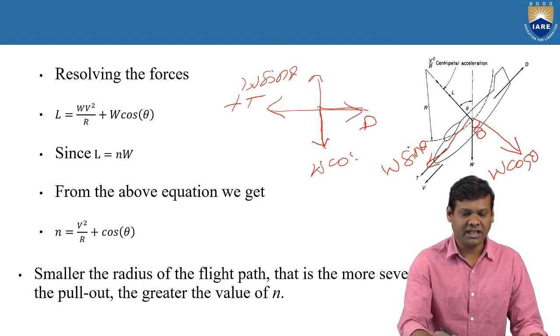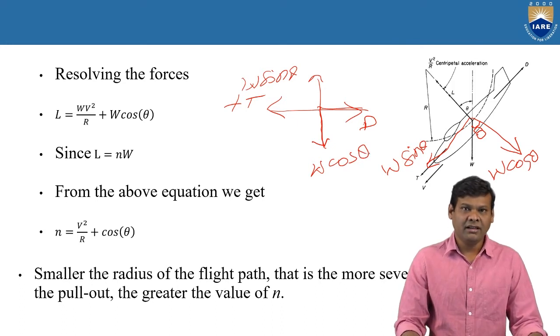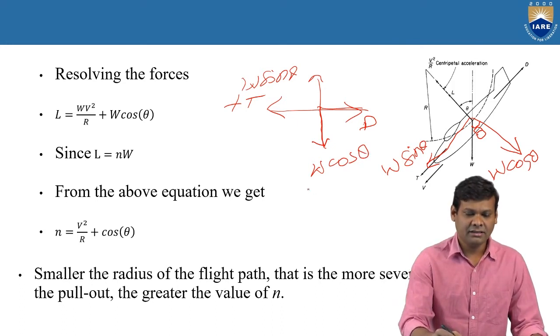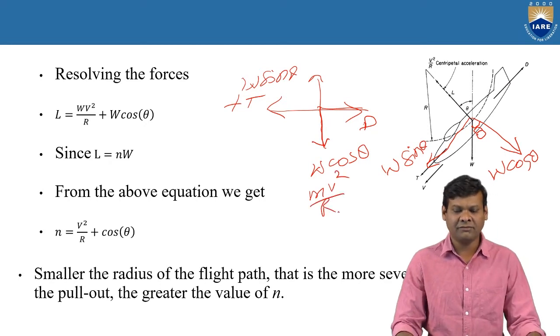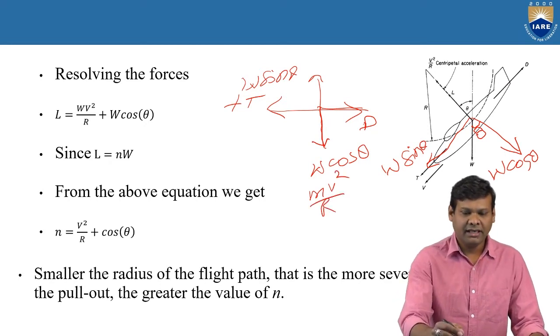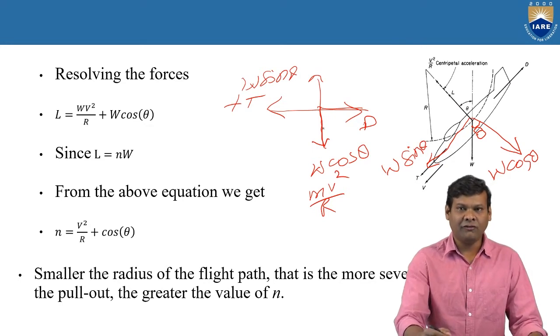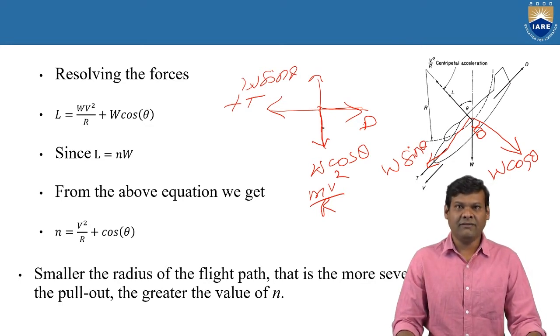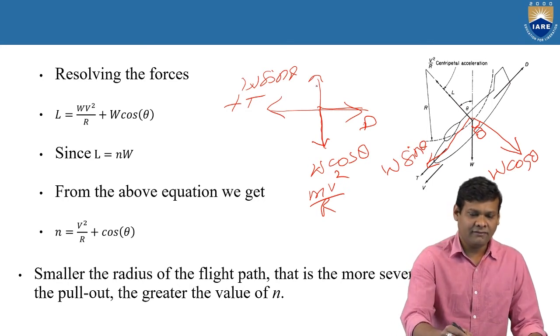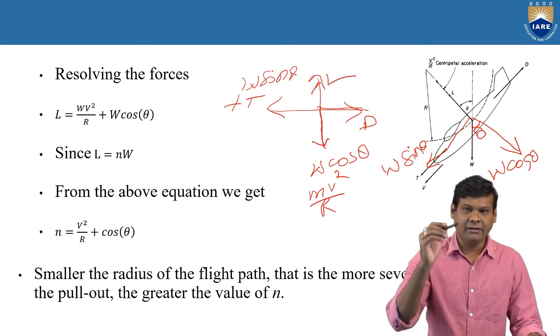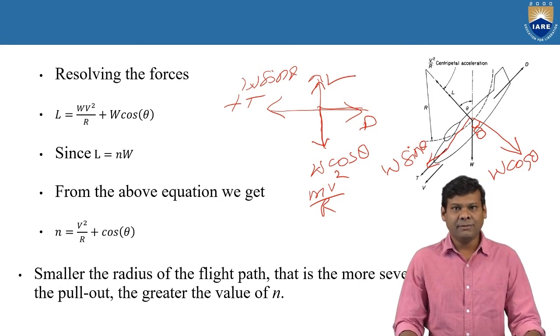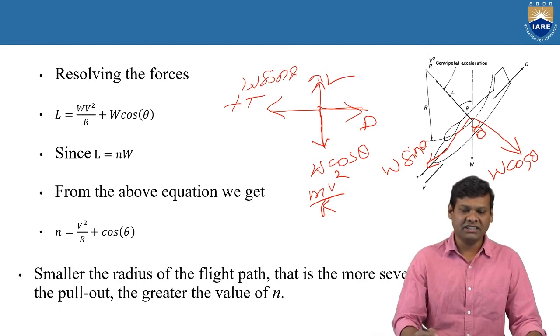W cos theta. Apart from W cos theta, we have m V square by r. Right now I am not taking care of the signs, and this downward force is balanced by the upward vertical force, that is N. Now you may see that the lift has been increased from the level flight to the pull-out condition.